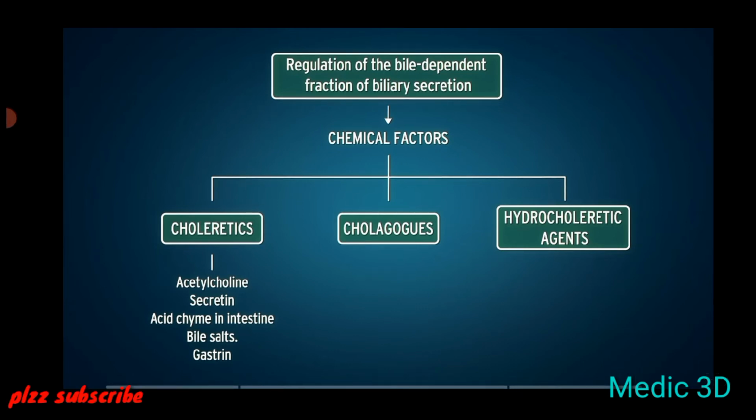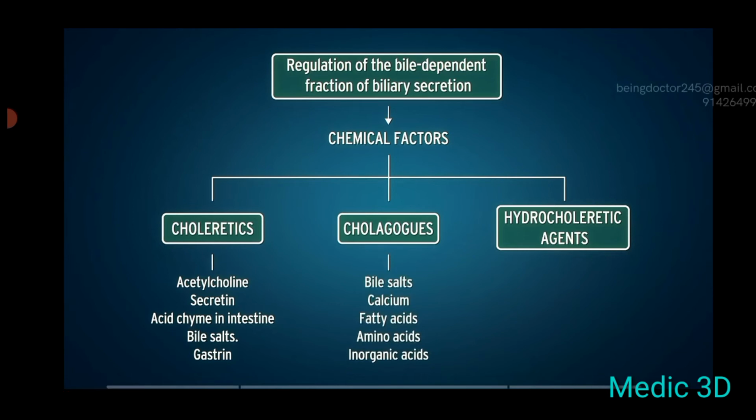Cholagogues. A cholagogue is an agent that increases the release of bile into the intestine by contracting the gallbladder. Common cholagogues are bile salts, calcium, fatty acids, amino acids, inorganic acids.